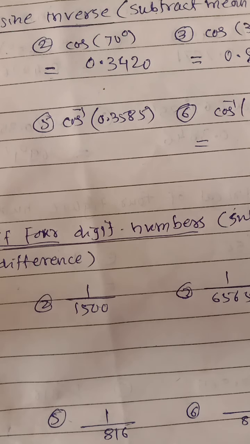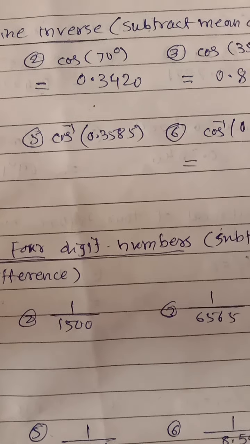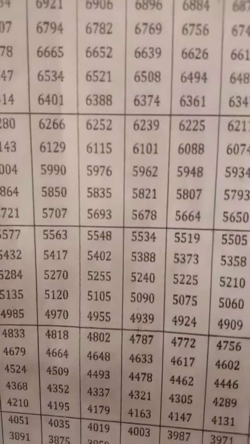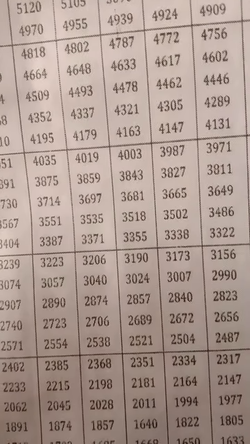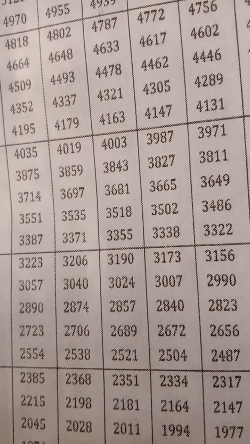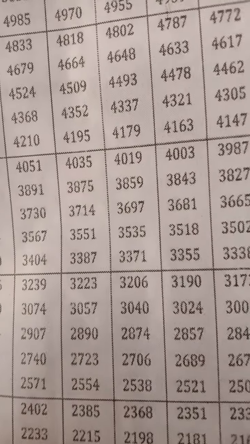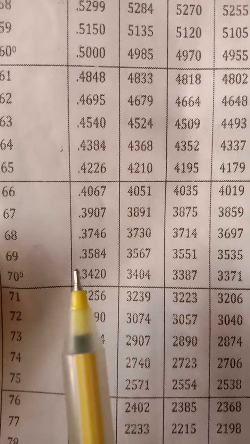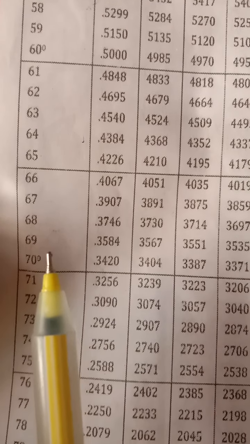In order to find cos inverse, again we will consider the natural cosine table, and first of all we will find the number which is nearest to 0.3585. 0.3584 corresponds to 69 degree.